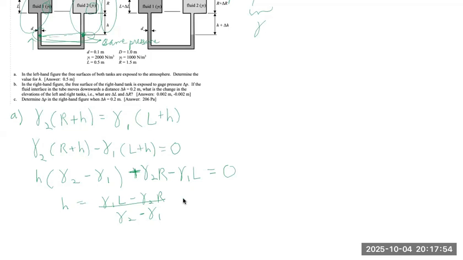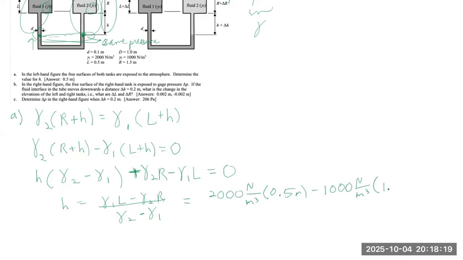So we can plug in our values for gamma 1 and L. So gamma 1 is 2000 newtons per meters cubed. L is 0.5 meters. And then gamma 2 is 1000 newtons per meters cubed.